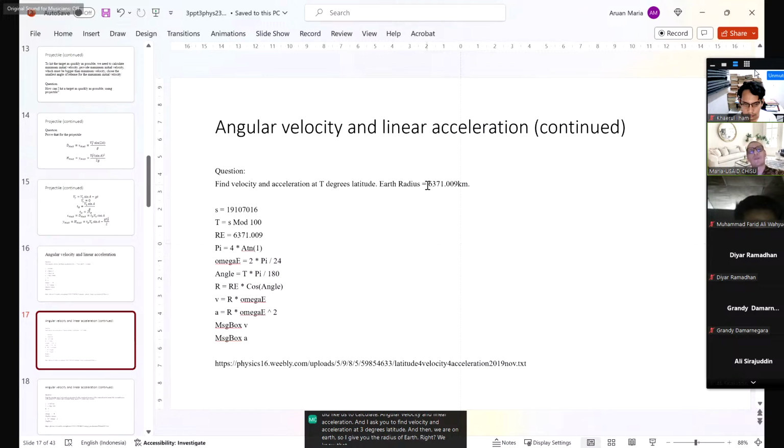We know that angular velocity is basically linear velocity divided by the radius, okay? And basically linear acceleration is going to be the radius of rotation times angular velocity squared. I think we proved it last week. Okay.